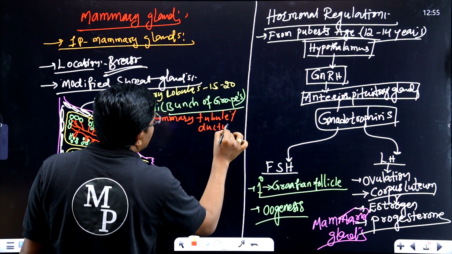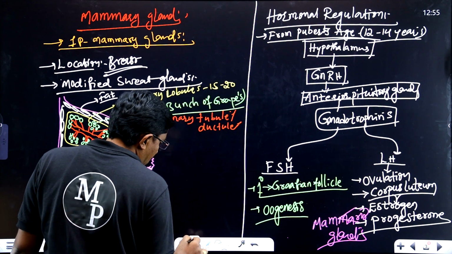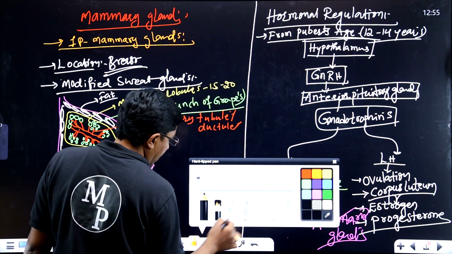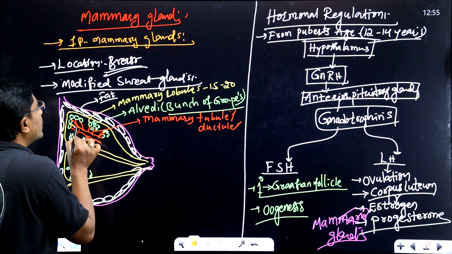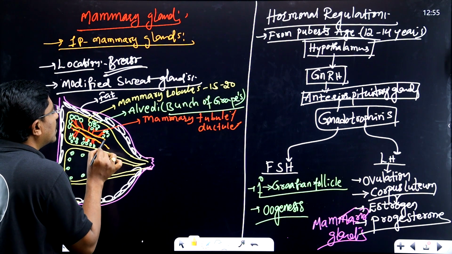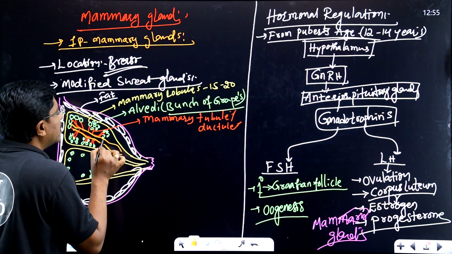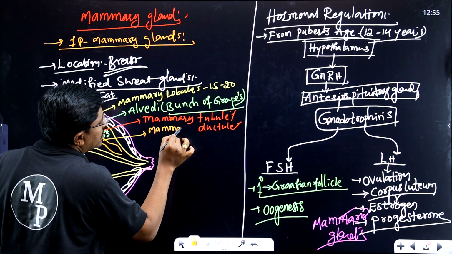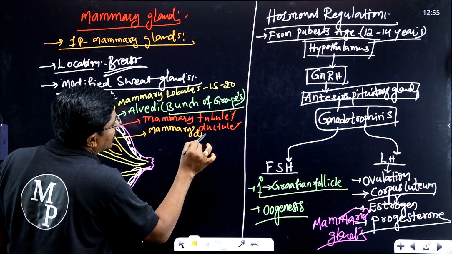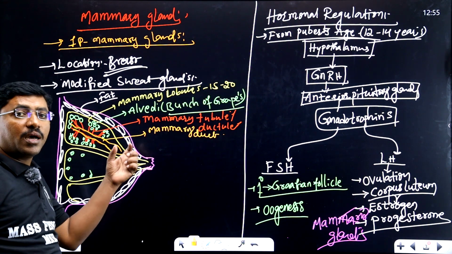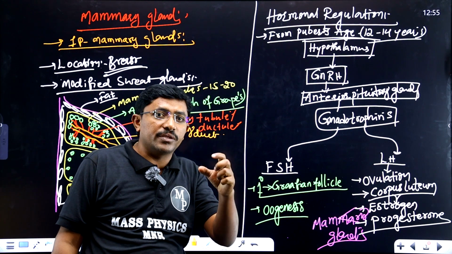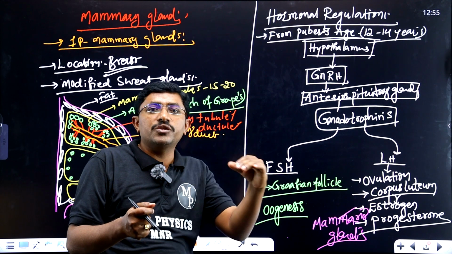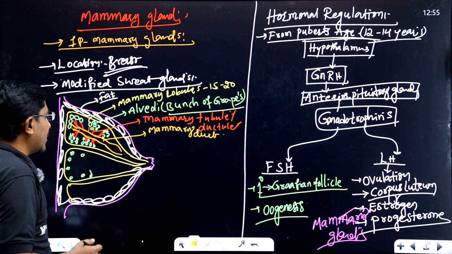The group of mammary ductules fuse and form one large duct, which is called the mammary duct. The small-diameter ductules again fuse and form the one large duct, that is the mammary duct.